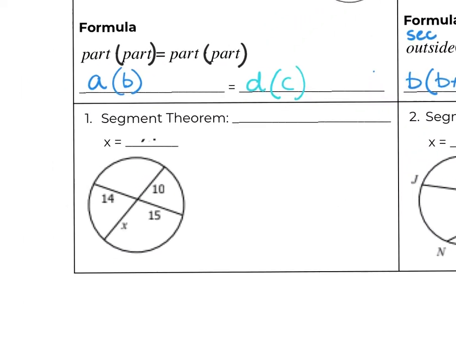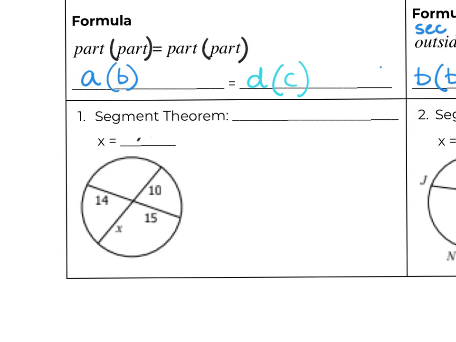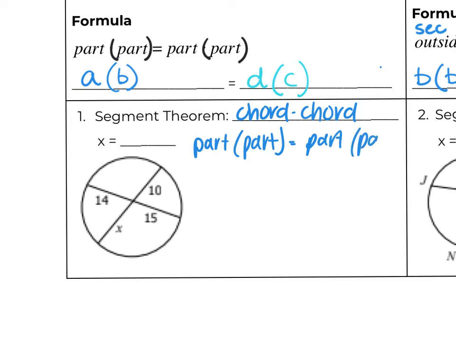All right, this first one here, the segment theorem. Which of those four that we just talked about is this? This one is a chord, which is part times part equals part times part. It doesn't matter which I put first here.